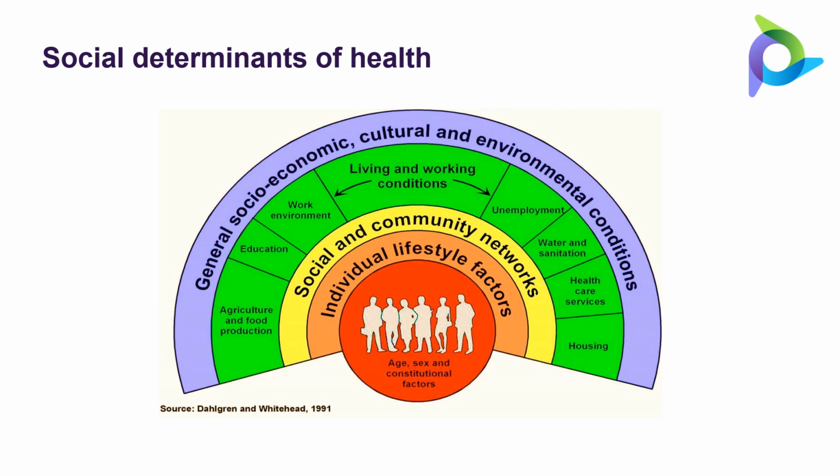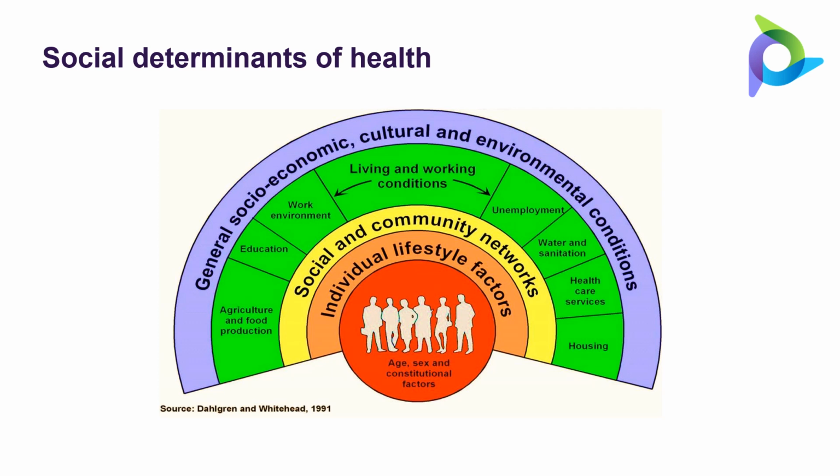Individuals are at the centre with a set of fixed genes such as age, sex, and constitutional factors. Surrounding them are influences on health that can be modified. The first layer is personal behaviour and ways of living that can promote or damage health, such as diet, smoking, alcohol consumption, and physical activity.